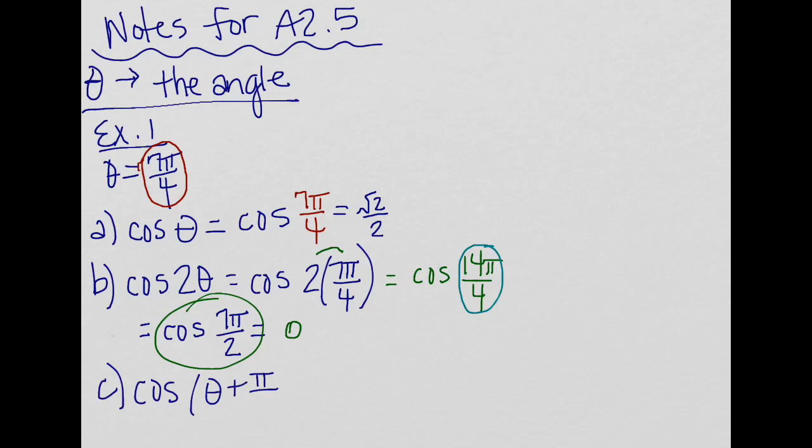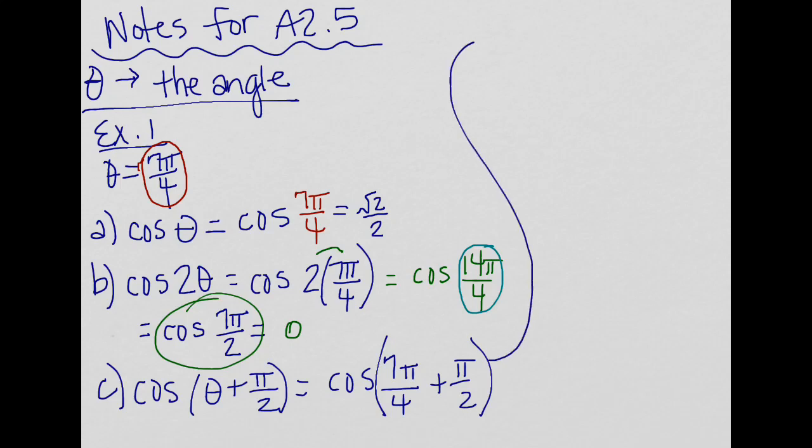Okay, so next, another example would be, let's say I gave you, what's the cosine of theta plus pi over 2? This is why we did all that review stuff last time. So again, my theta is still 7 pi over 4. So that's my theta plus pi over 2. Well, now I have to do common denominator. So I'm going to travel up here. Okay, so I have to find the common denominator of 7 pi over 4 and pi over 2.